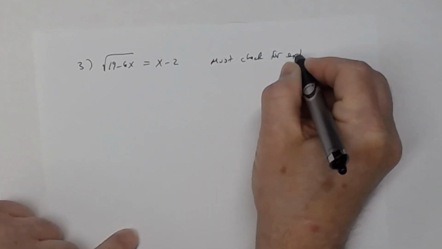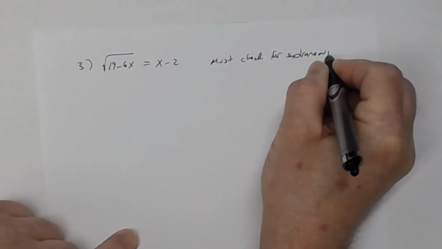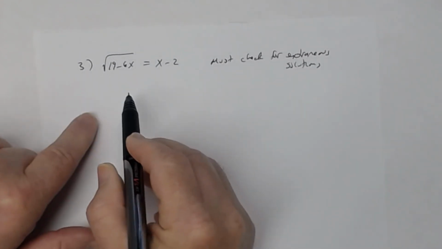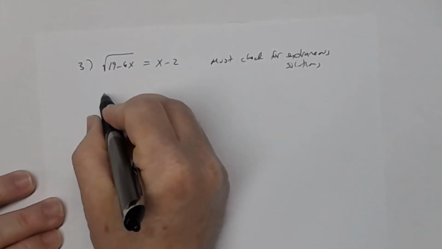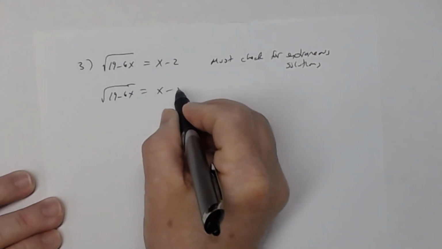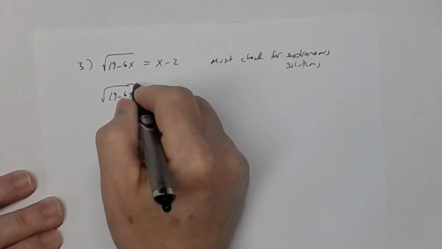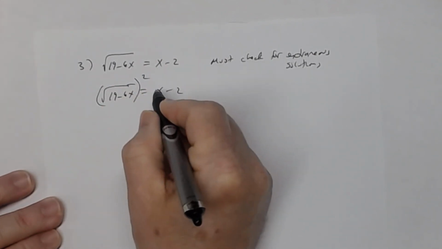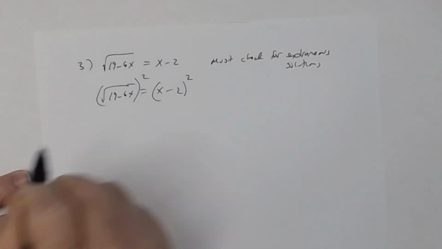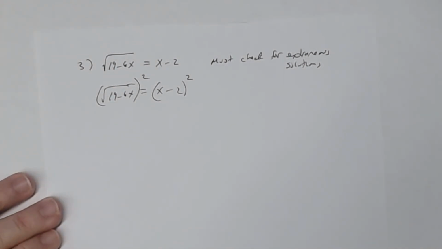All right, now, just like we did in number 2, the square root's by itself. So I'm going to just rewrite this over. And the opposite of square rooting is to square both sides. Notice on this side, I'm putting this in parentheses, and I'm squaring it. It must look like this.